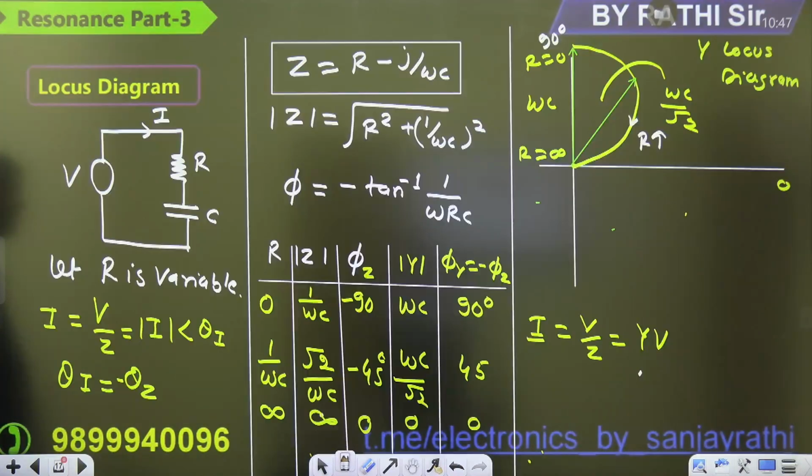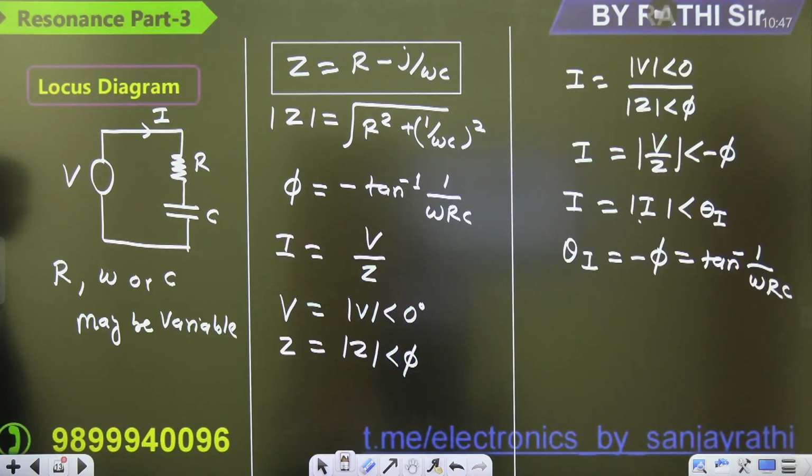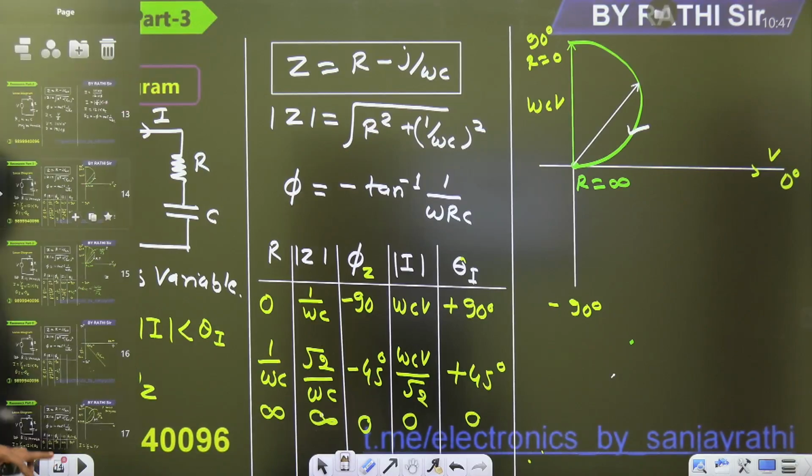Now in the same thing, I am going to vary omega. If omega is variable, then what will happen? Same table, let omega be variable.